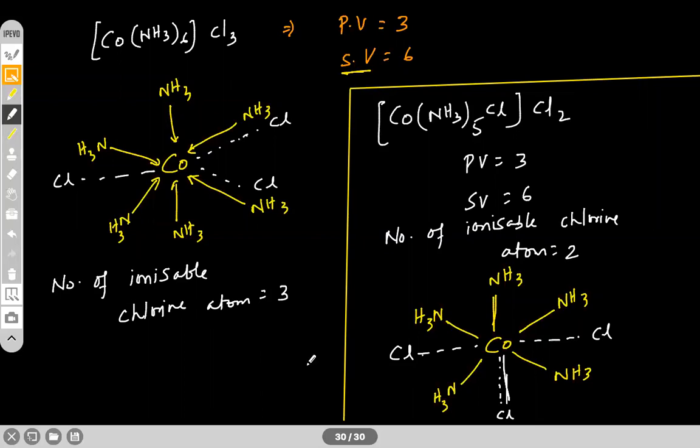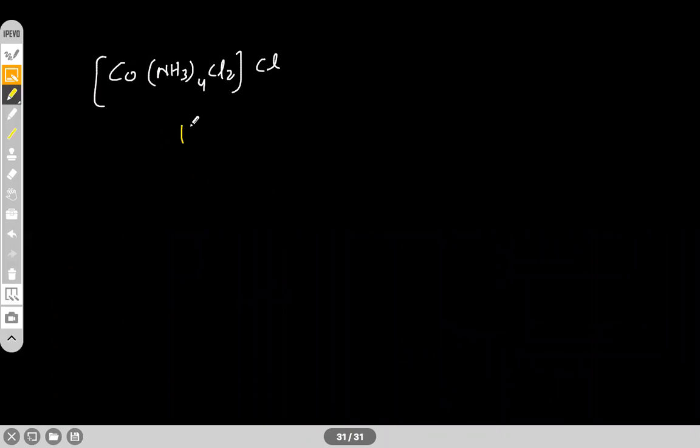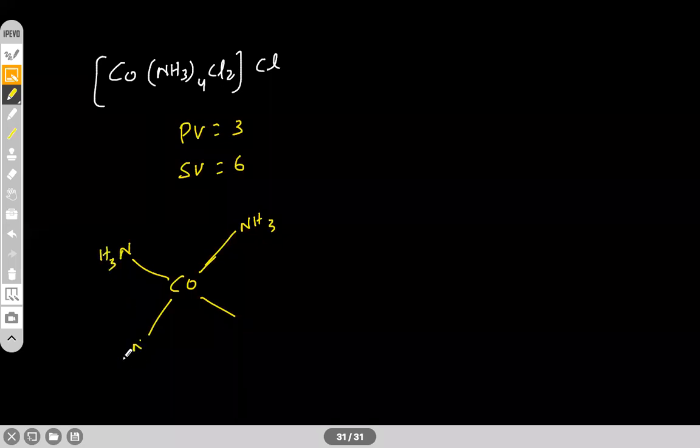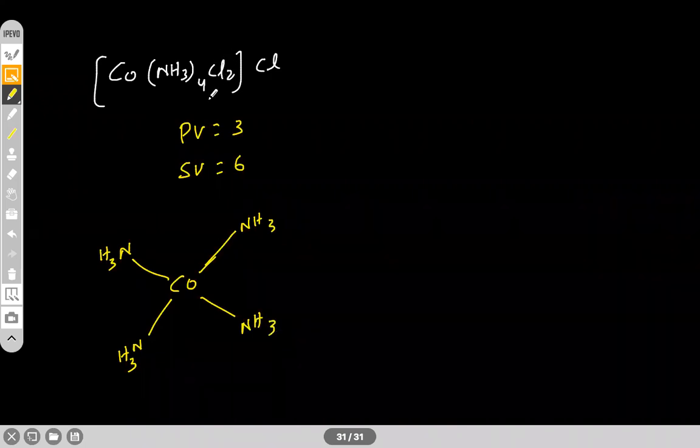Understood this one? Now I'll take one more example in this same one. Co NH3 4, Cl2, and 1 chlorine atom outside. If you count here, the primary valency is again 3, and secondary valency is again 6. And the structure has 4 NH3, and we have 2 chlorine atoms which have the dual role, right?